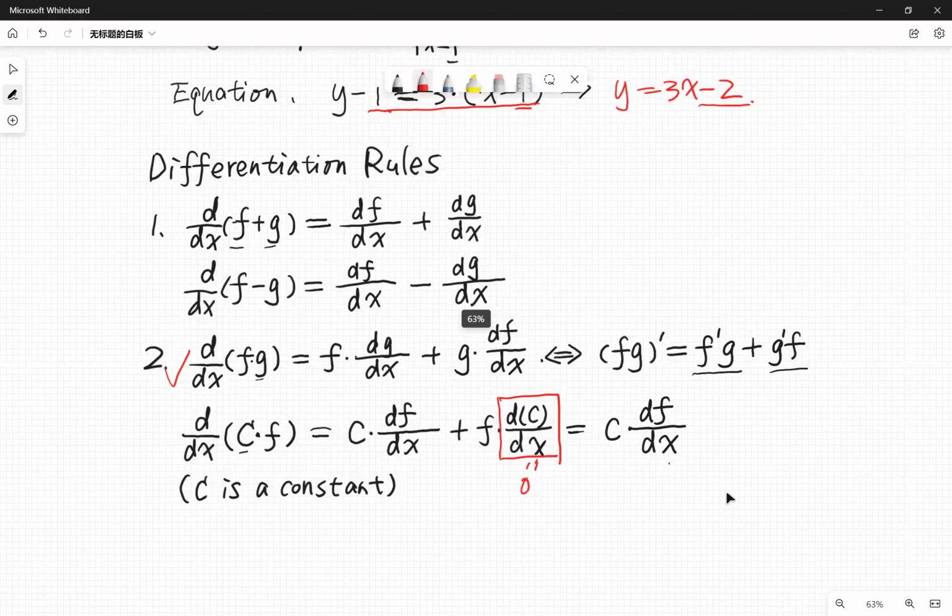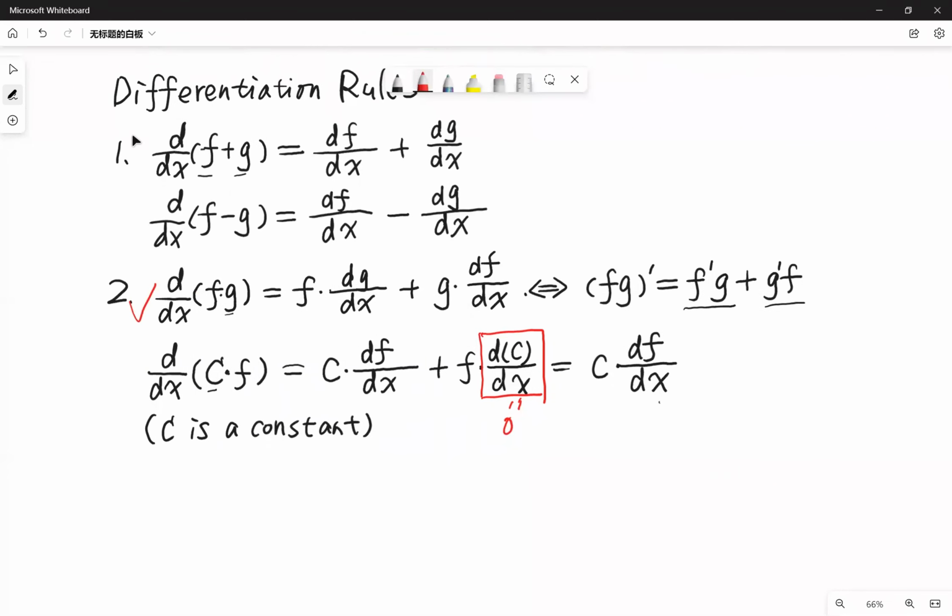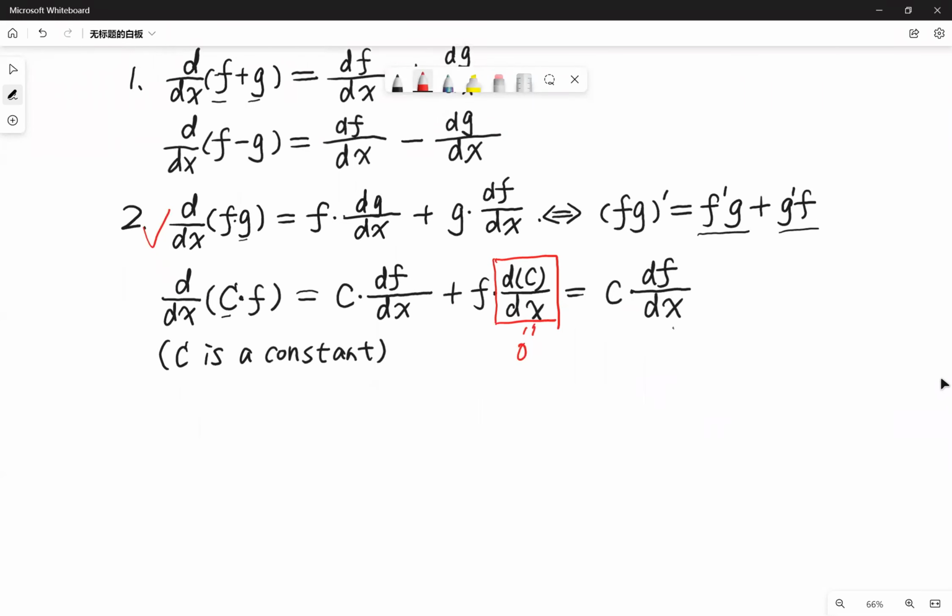And next, after the sum, difference and product rules, we also have the quotient rule. Here, I will give you some examples to understand the product rule. Let's see.